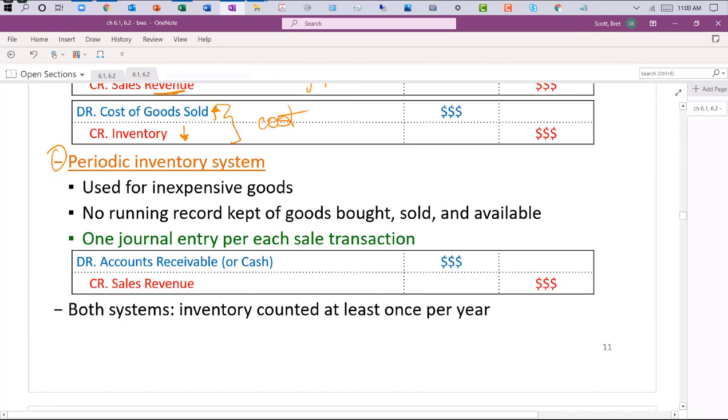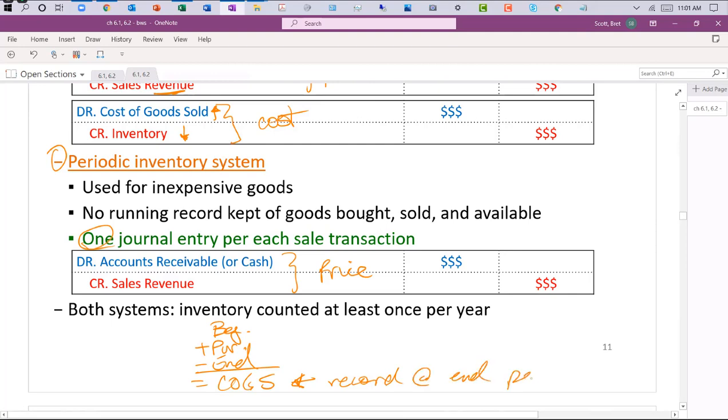The periodic system only records one journal entry, which records the revenue, based on the price. We can determine the cost of goods sold at the end of the period by doing some simple calculations. Basically, we look at beginning inventory plus purchases minus ending inventory. When we do that calculation, that cost of goods sold is what we usually record at the end of the period.